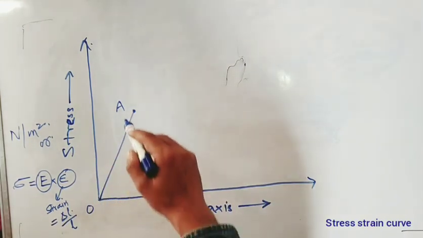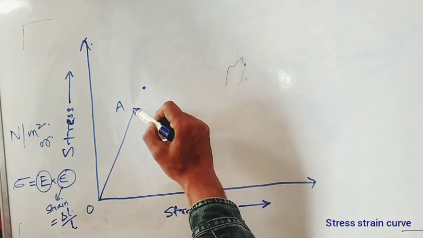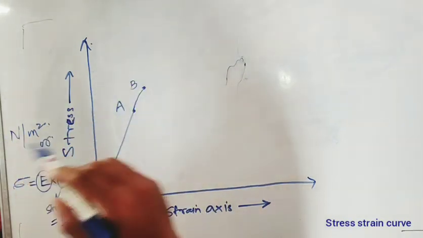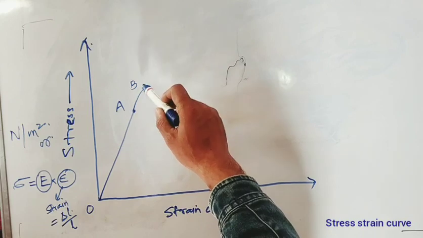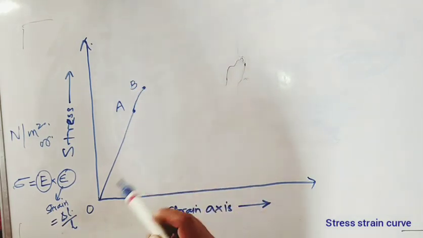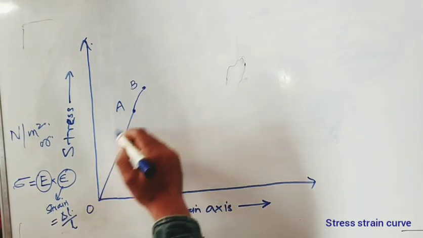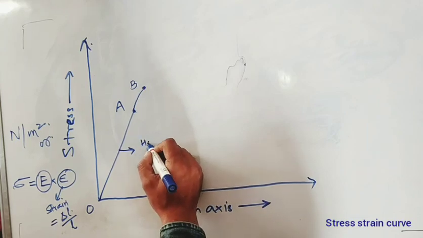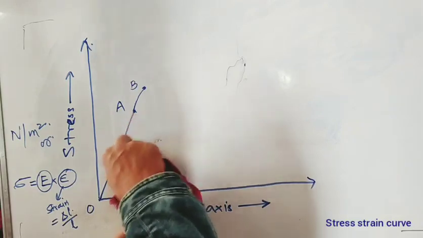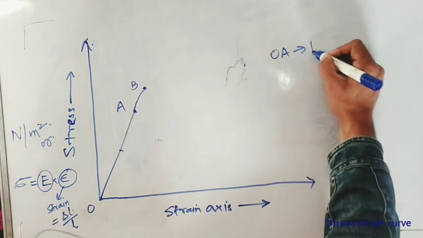From A, we have another nearby point B over here, and it's slightly curved up to this point B. The graph shows a curved variation, not linear. So from O to A, Hooke's law is valid.